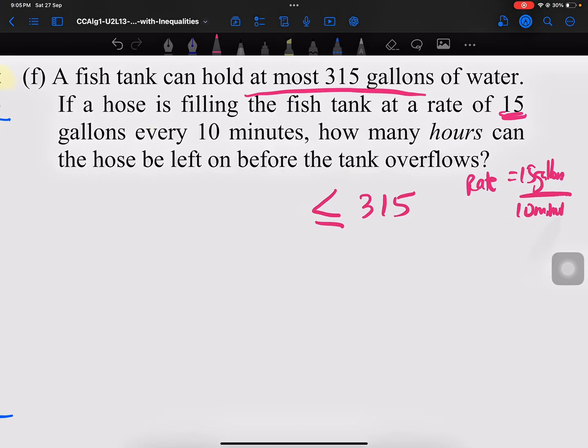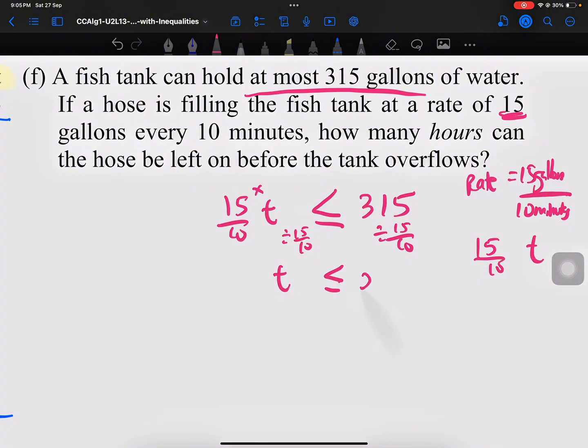So we can say that 15 over 10t. Then t is, this is times, right? So we can divide 15 over 10 both sides. It gives us t lesser than 210 minutes.